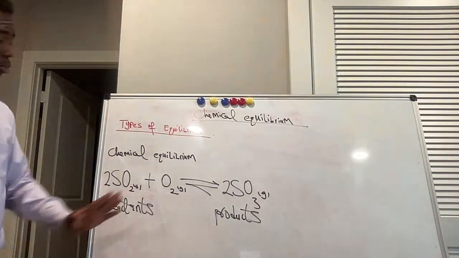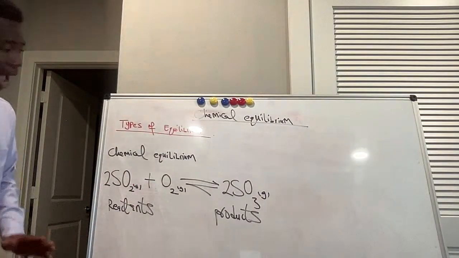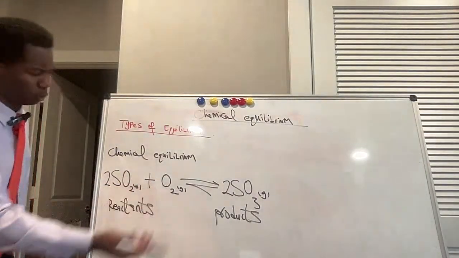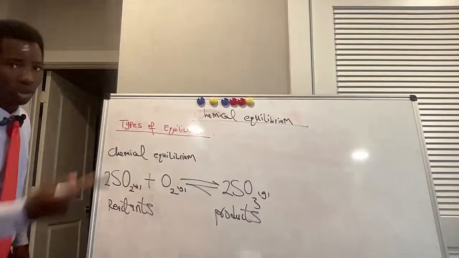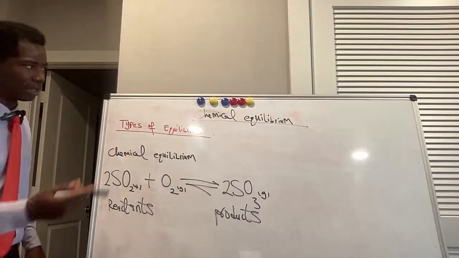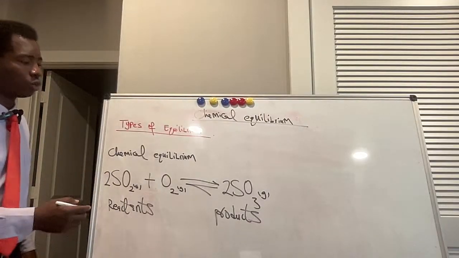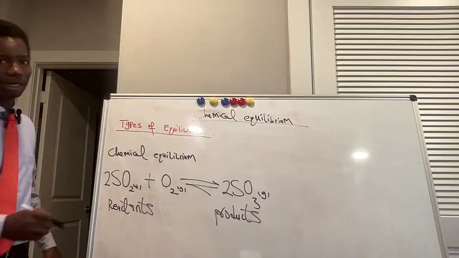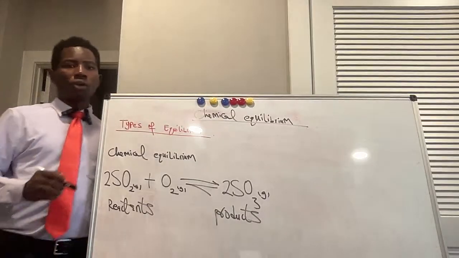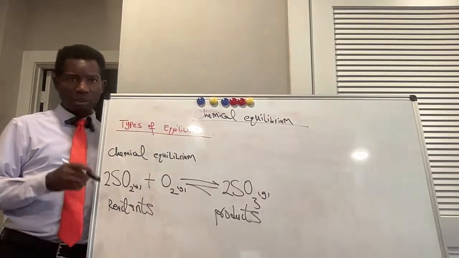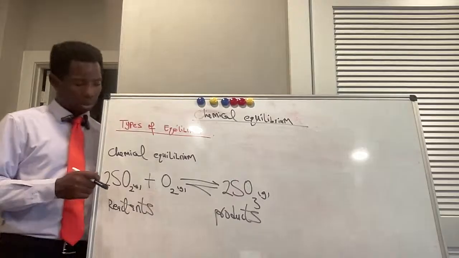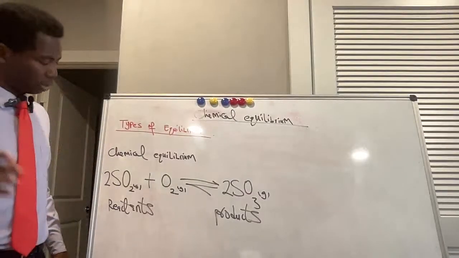How do you know it is sulfur 4 or sulfur 6? That is a topic for a different day. That's what we call inorganic nomenclature, a topic we're going to treat next time.